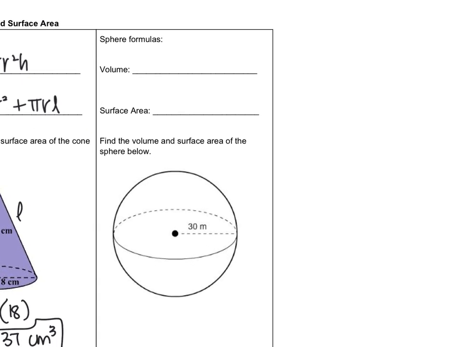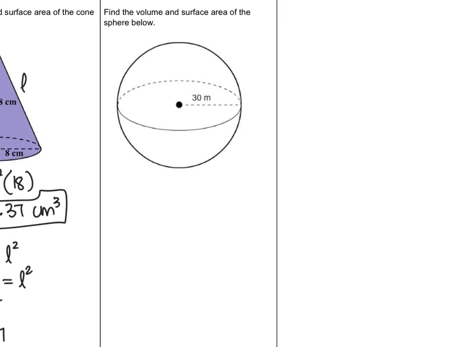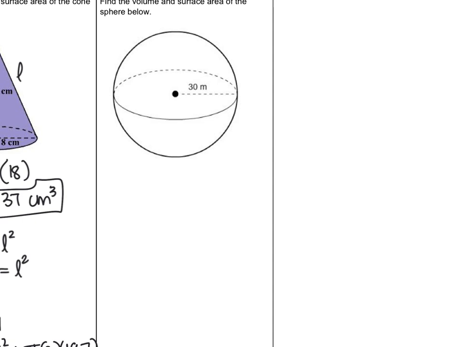So next we want to find the volume and surface area of a sphere. So from our notes, volume is 4/3 pi r cubed, and surface area is 4 pi r squared. So we want to find the volume and the surface area. So for volume, we're going to do 4/3 pi times the radius 30 cubed.